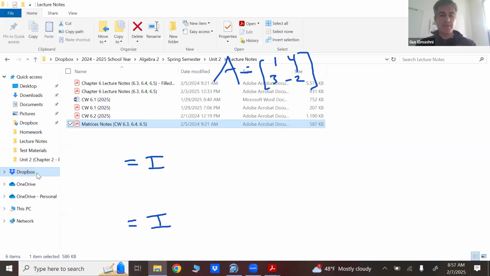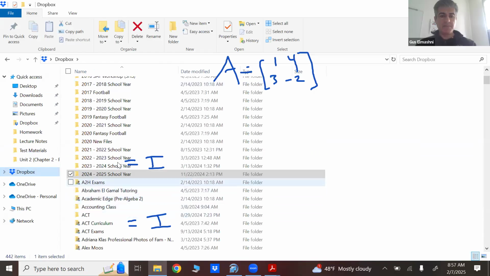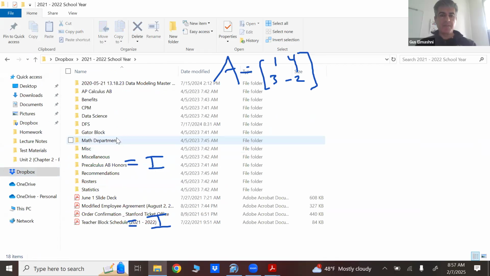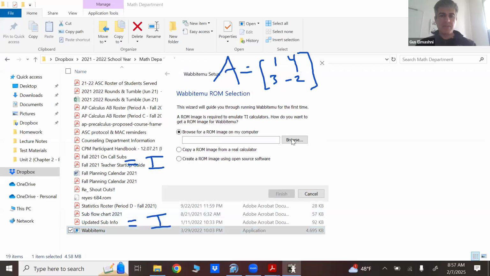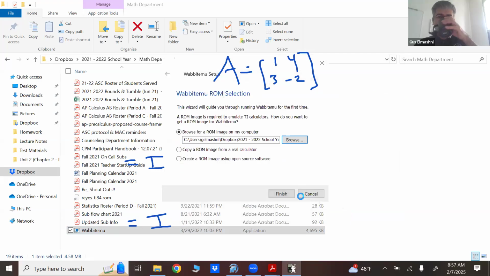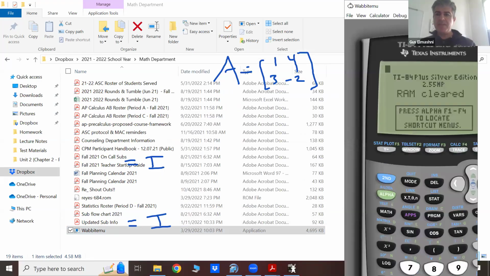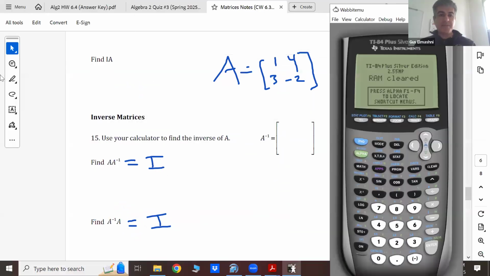So let me pull up my calculator. To do the inverse, very simple.